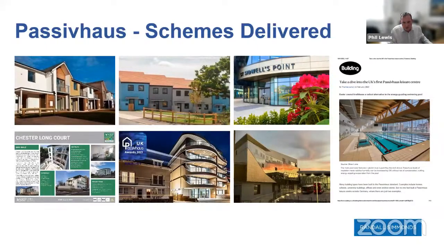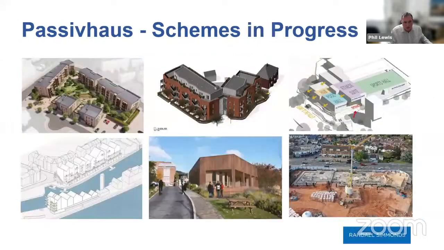All buildings can be delivered to Passivhaus standard, and more of that is occurring. We've got quite a number of schemes in progress at the moment, whether we're working them up, like another leisure centre here, or schemes that are actually on site. So we've got a fairly good view on where we think costs are, and how to deliver Passivhaus schemes.